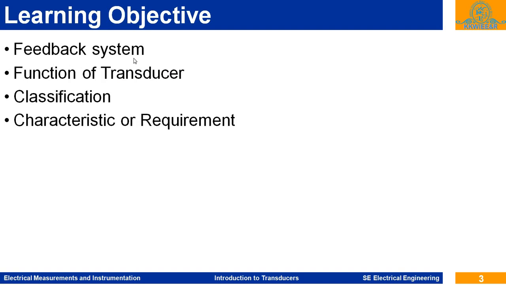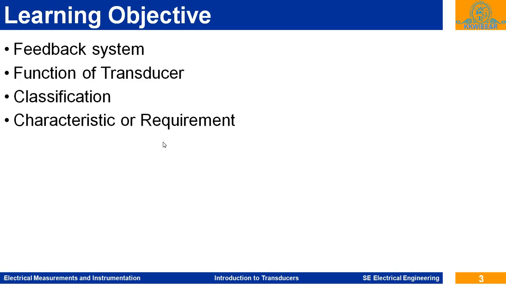to discuss the feedback system, the function of the transducers used in the feedback system or the closed loop system, the classification of transducers, and the characteristics or requirements of the transducer.